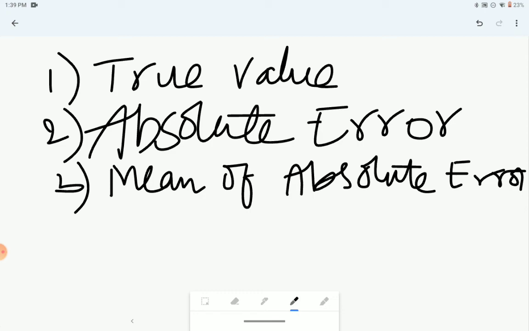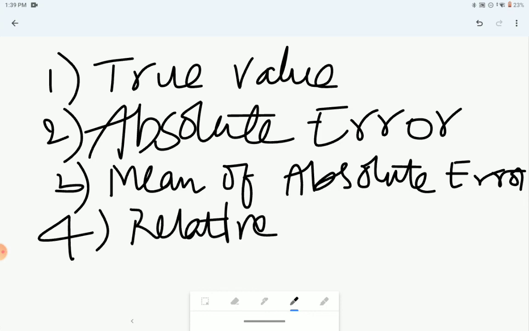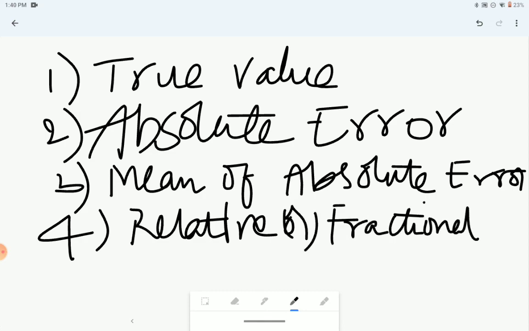The fourth thing we learned is relative or fractional error, which is delta a bar by Am, the mean of absolute error divided by the mean value or true value.